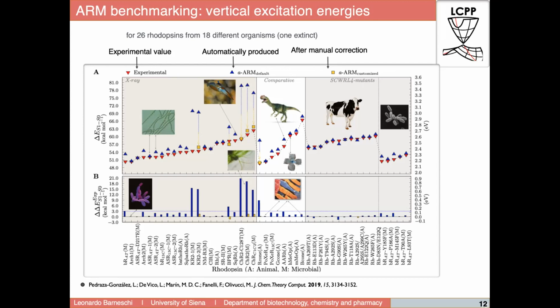What I want to say is that we are not aiming for the perfect QM/MM model to get the perfect vertical excitation energy. We are more interested in capturing the trends in vertical excitation energies, and if we are able to capture some physics of the real models, that is going to be reflected in a well reproduced trend.